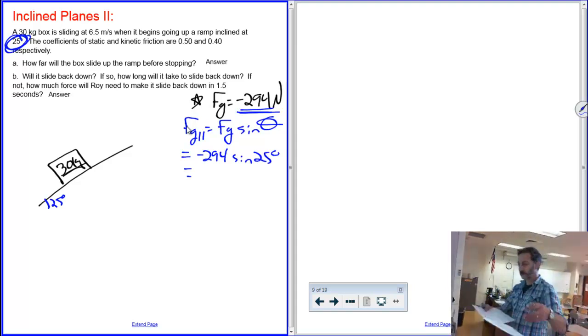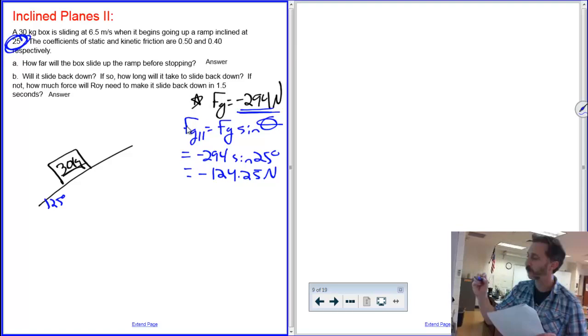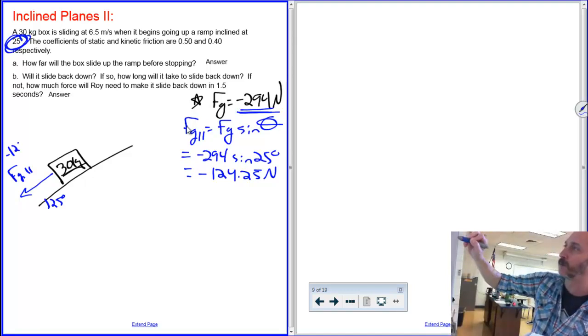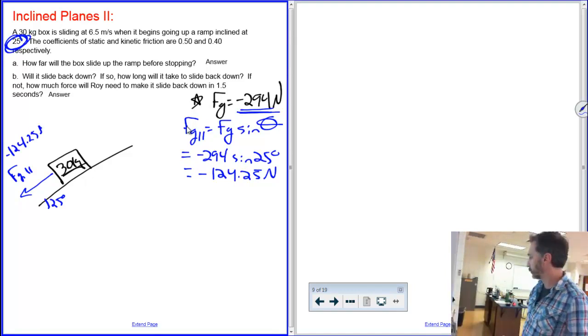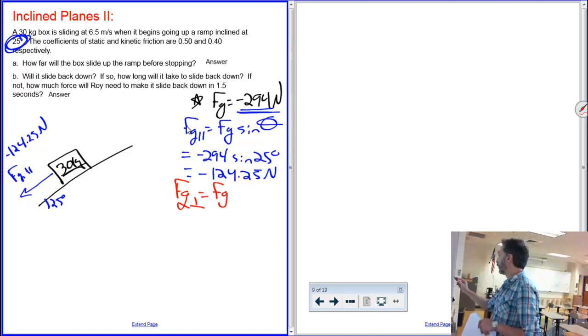And I find out that my Fg parallel is negative 124.25 newtons. So let's put it on our drawing. Fg parallel, negative 124.25 newtons.